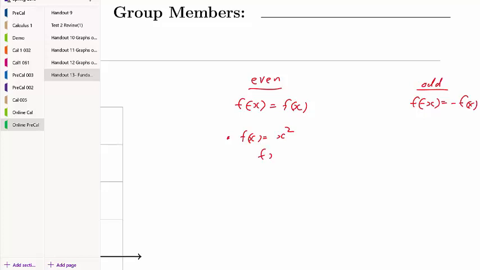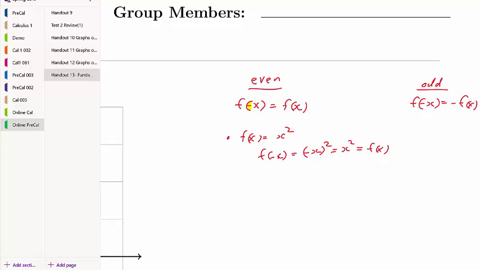And so if you plug in a negative x, well then you get negative x quantity squared, which of course is x squared, and x squared is the function itself. So for any negative number you plug into the function, you get what it would have been ordinarily.